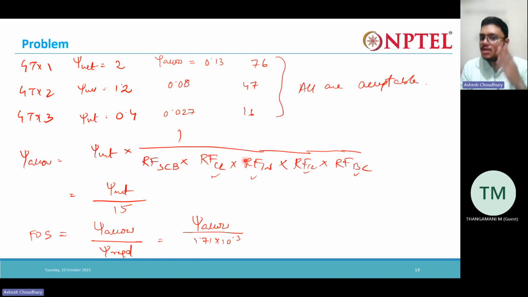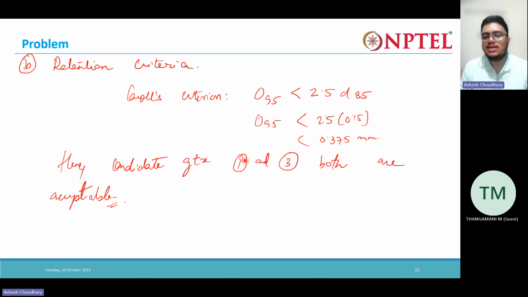So this was all about the permeability criteria, the flow criteria. Then we need to establish the retention criteria. There are many retention criteria, as I already mentioned. One of them is Carroll's criteria. It says the O95, that is the apparent opening size, should be less than 2.5 times the D50 of the soil.